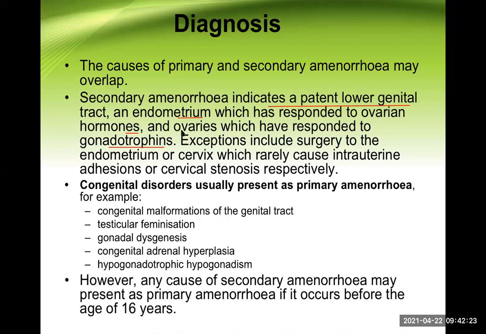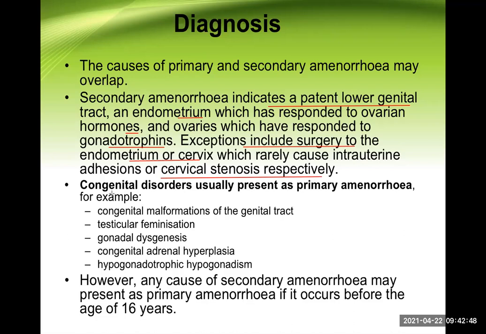They are genital tract, endometrium, and the ovaries, and we should have the normal level of gonadotropin as well. Exceptions of these include surgery to the endometrium or cervix, which rarely cause intrauterine adhesions or cervical stenosis respectively, and then they can lead to problems.